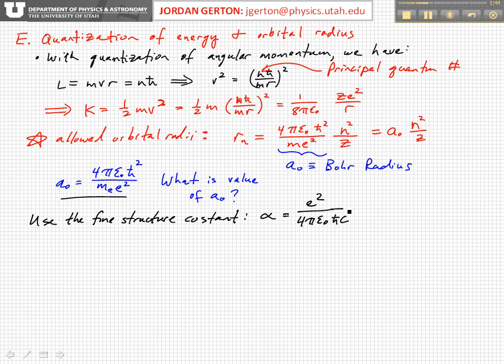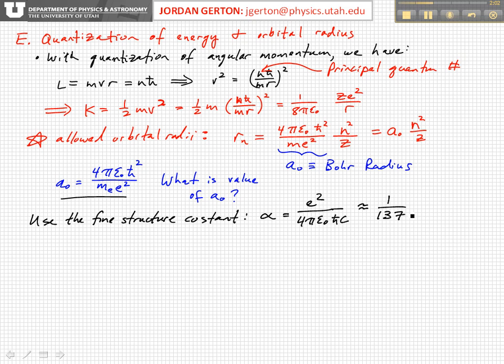These are all constants, and its value is about 1 over 137. There's a lot of research that goes on trying to measure and put limits on that value to make it more and more precise. Here I'm just giving it to 3 significant figures, but it's known to many more than that.